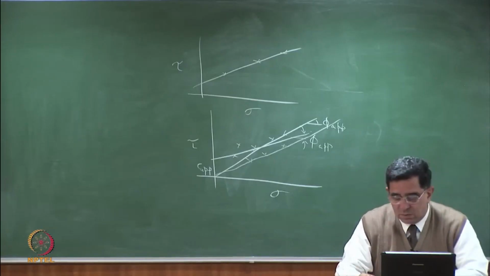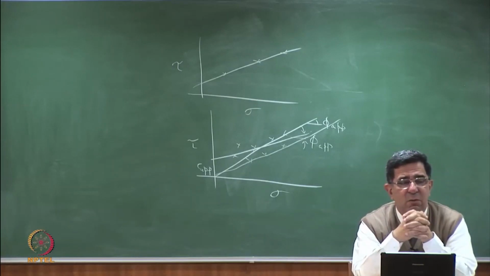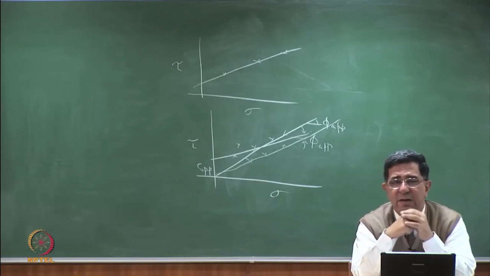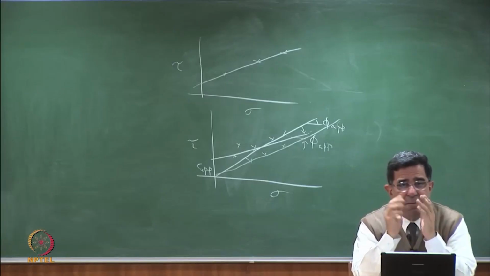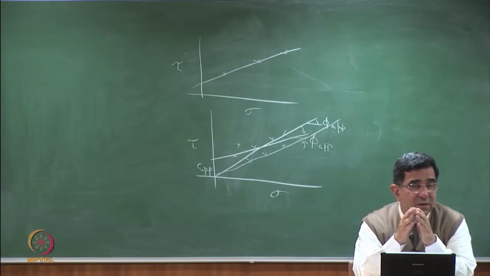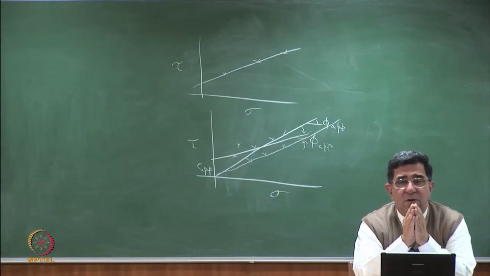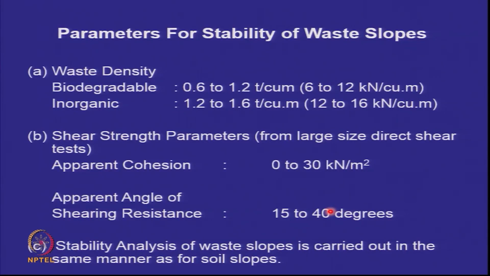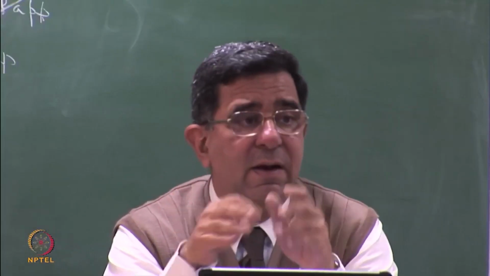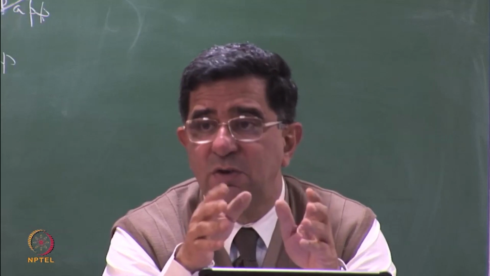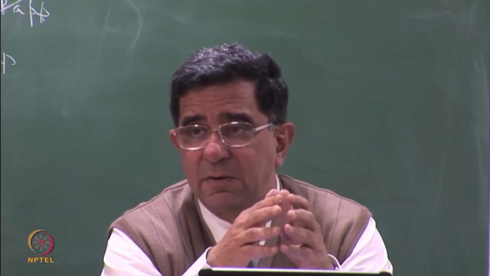In any case, what we are saying is stability analysis of waste is done the same way as stability analysis in soils, and for the parameters that you are measuring, it's not written here whether they are total or effective, because the drainage conditions are not very closely monitored, but by and large water is allowed to come in, and what you are measuring are more towards the drained parameters than the undrained parameters.